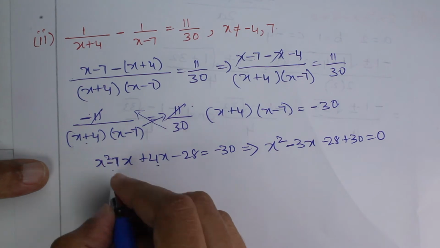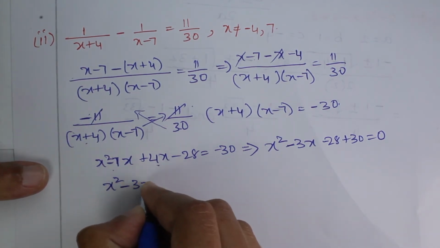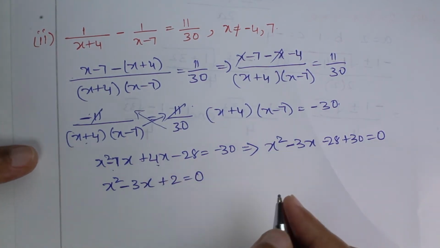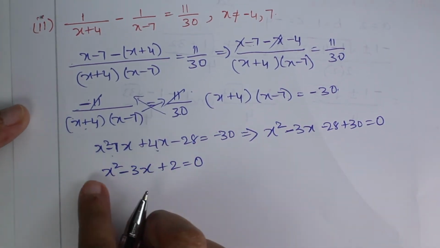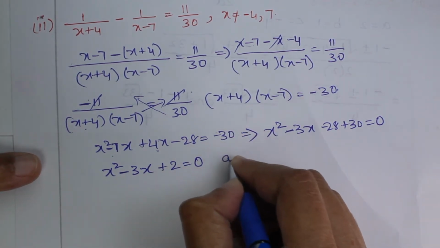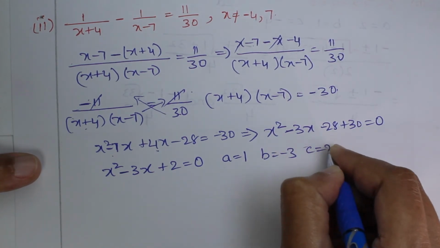Okay, the equation becomes x square minus 3x plus 2 is equal to 0. Now this is in the form of ax square plus bx plus c is equal to 0. Here a is equal to 1, b is equal to minus 3, c is equal to 2.